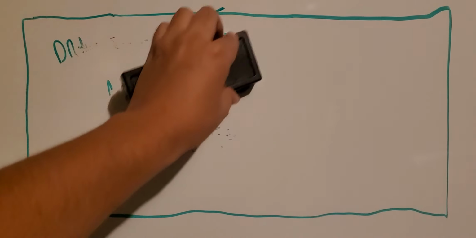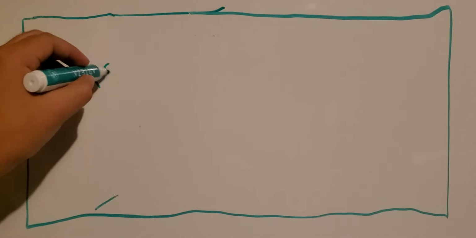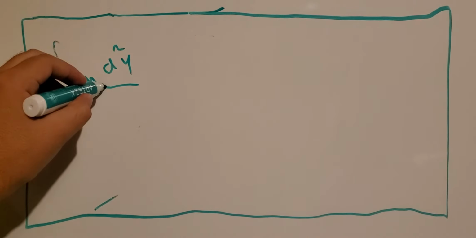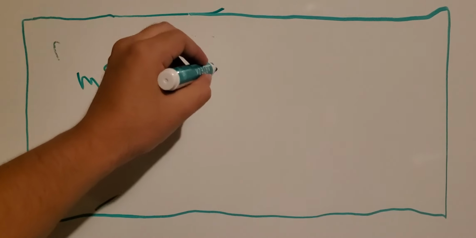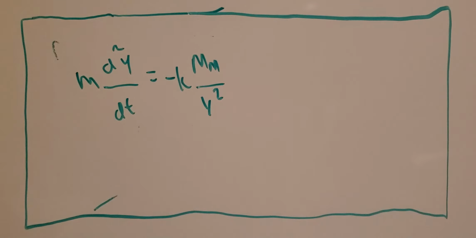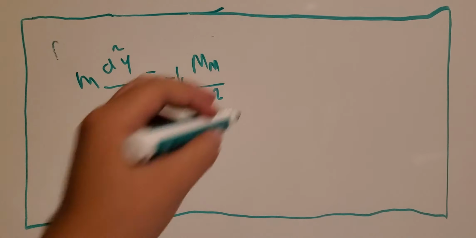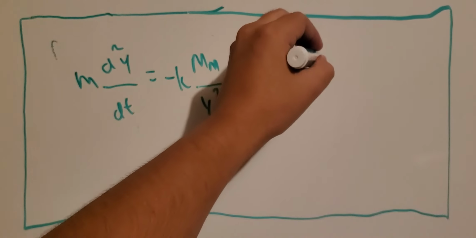So moving on to the second part, it says define the variables in equation 12. So this is equation 12: M d squared y over dt squared equals negative k capital M y squared. So we just go with this equation. So for k, it is constant of proportionality.